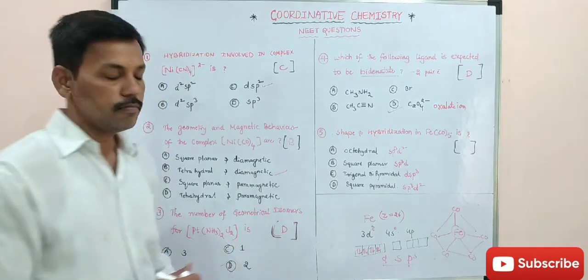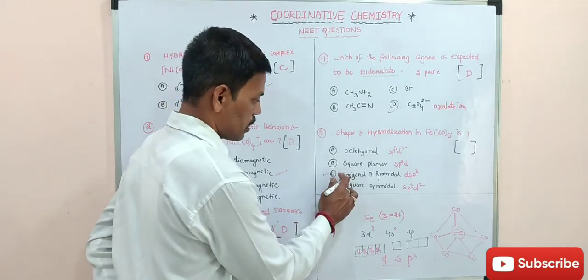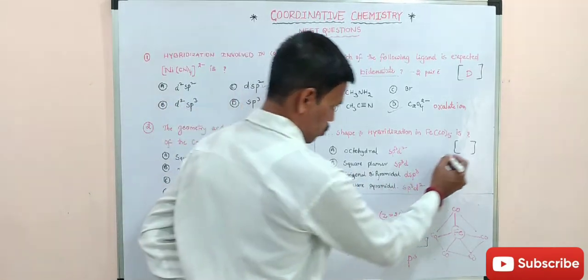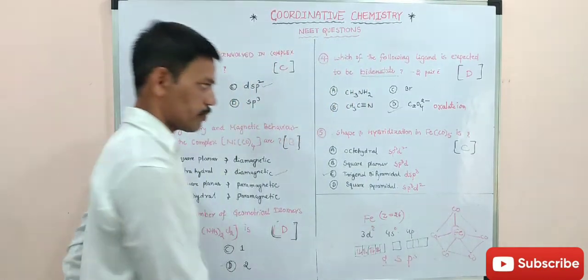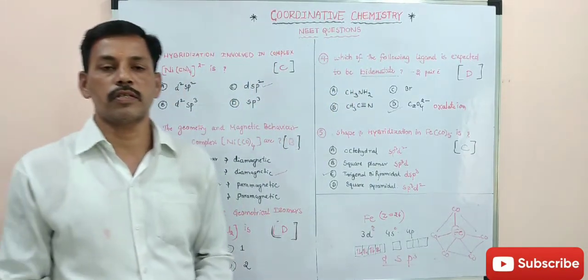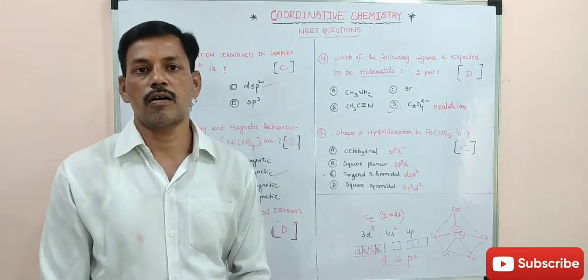Which one is correct? C is the correct answer. So we have to write like this: C. Based upon this only, we have to discuss all these concepts.